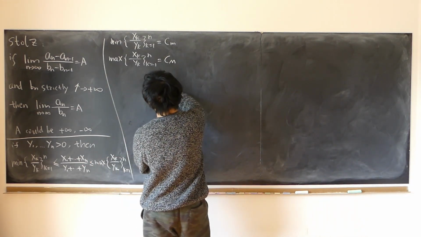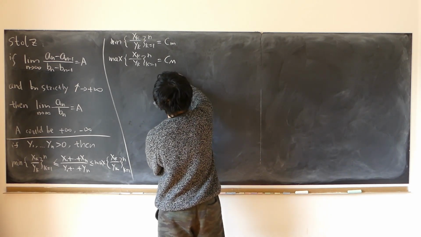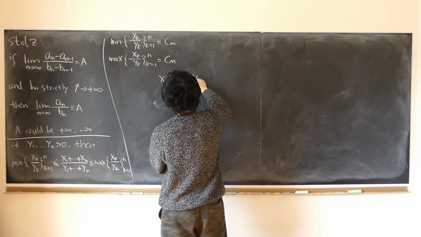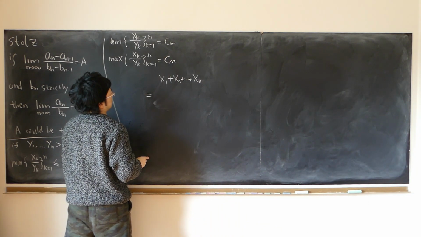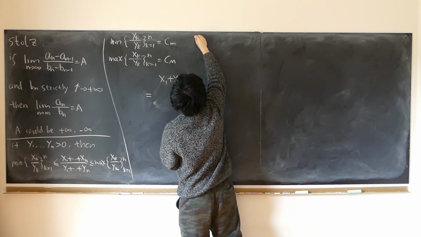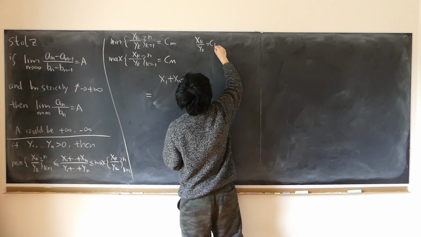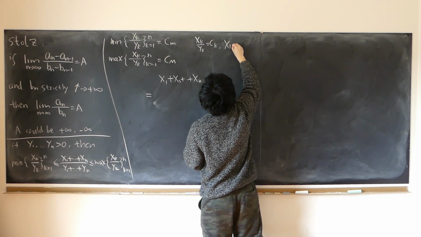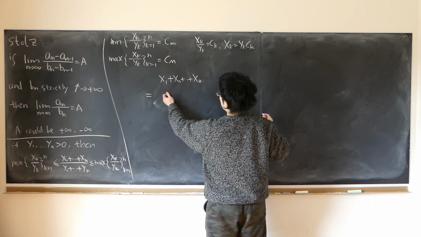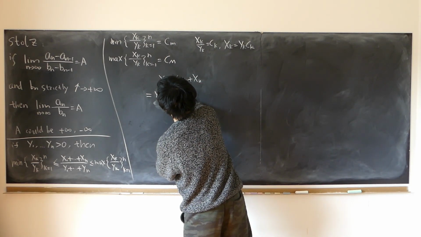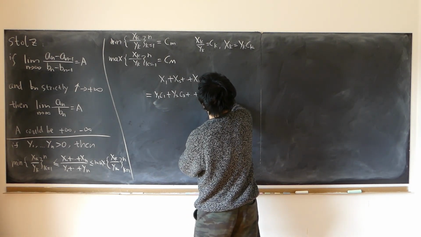Let's denote xk over yk as ck. In other words, xk can be written as yk times ck. So x1 plus all the way up to xn is y1 c1 plus y2 c2 plus all the way up to yn cn.